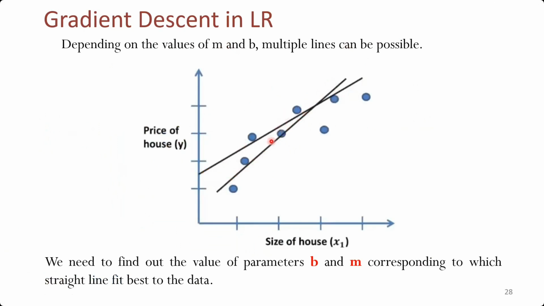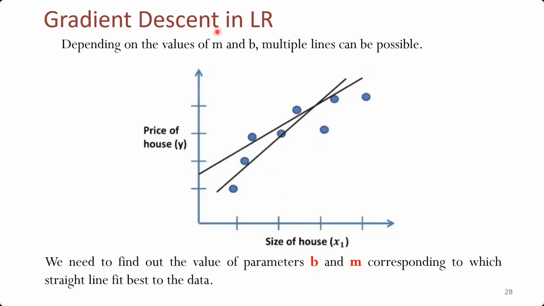Depending on the actual and the predicted values, we need to find the cost function, the average loss, for all these lines. We need to find the values of parameters b and m corresponding to which straight line best fits the data. The position of this line depends on the two parameters, b and m.